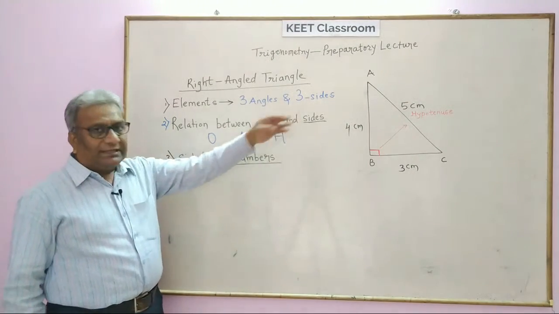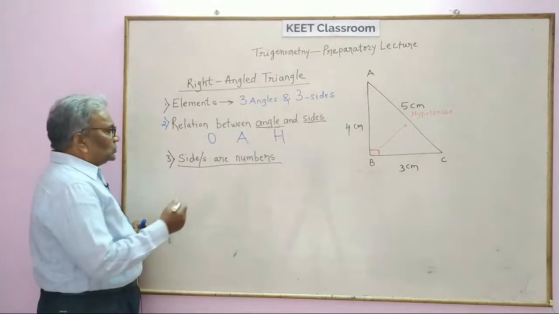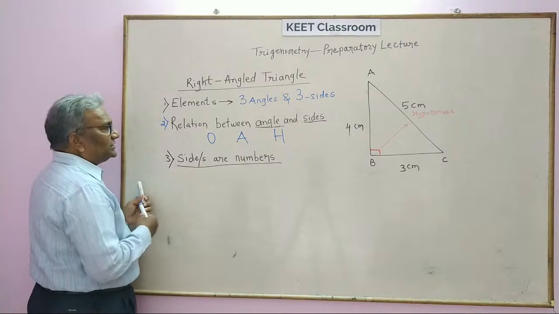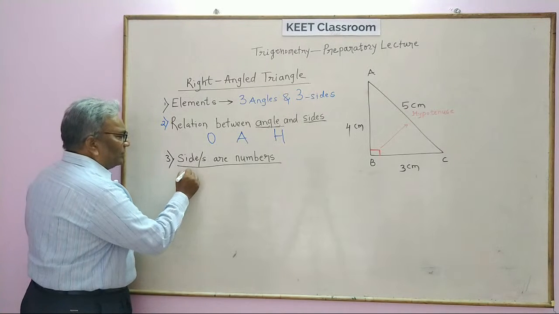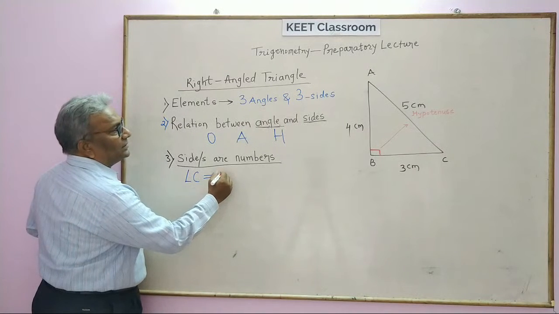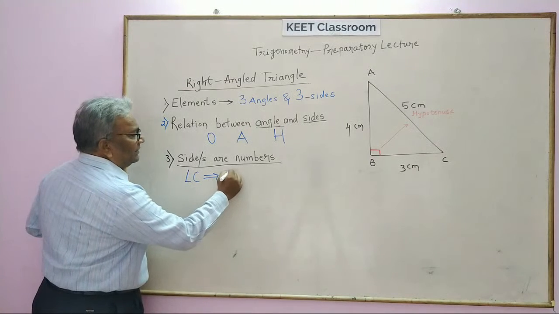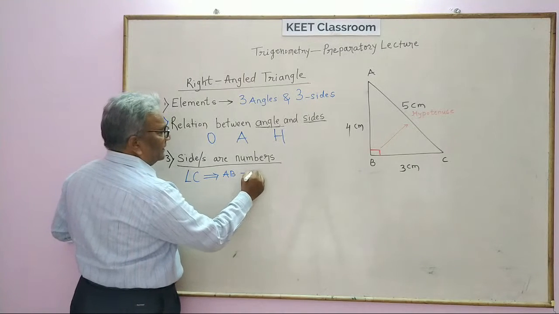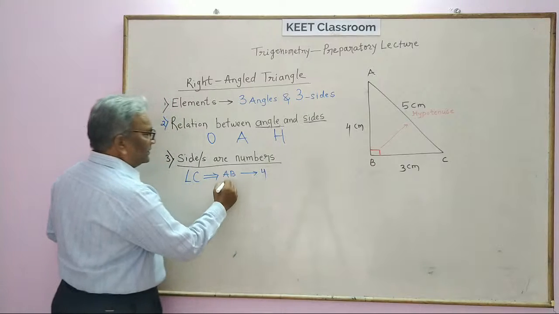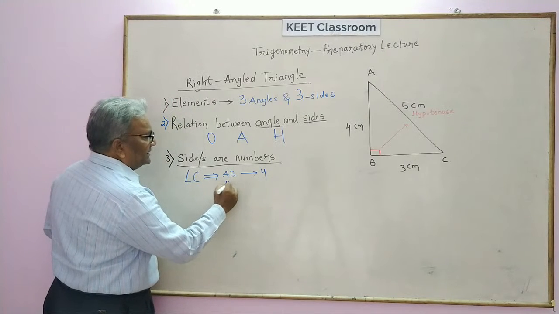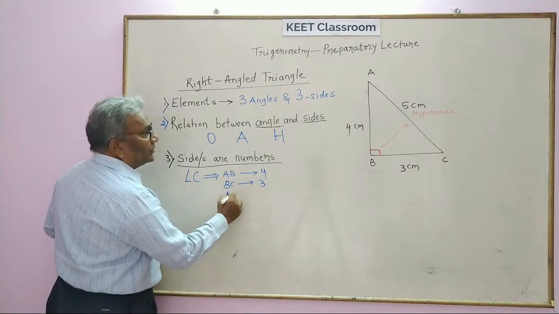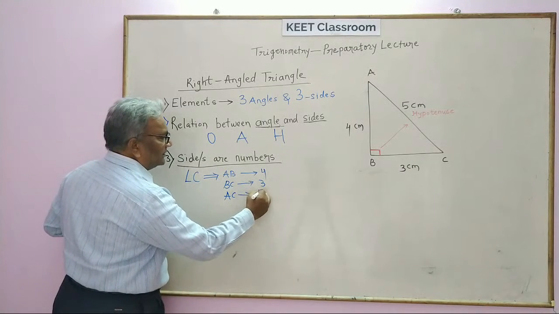If we take the same example, here in relation, again we will go to the relationship of any one angle, that is angle C. For angle C, side AB is of length 4 centimeter, side BC is of length 3 centimeter, and the hypotenuse AC is of length 5.